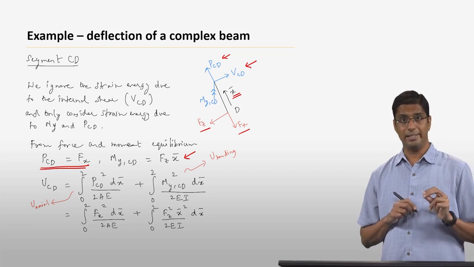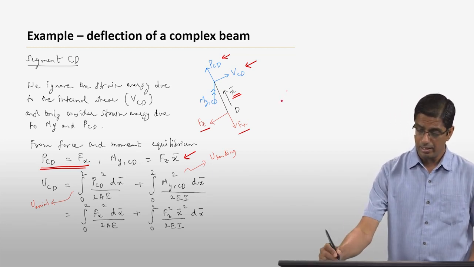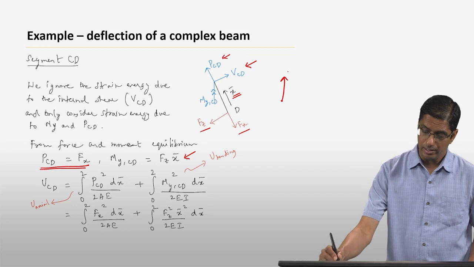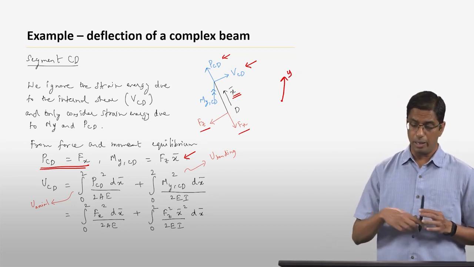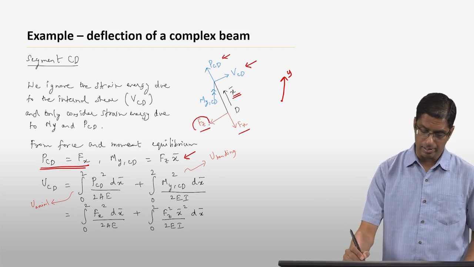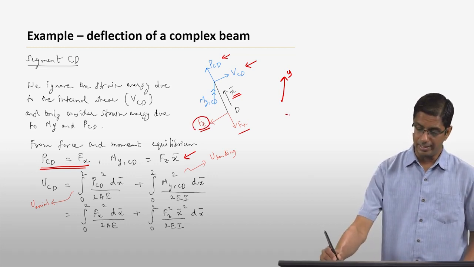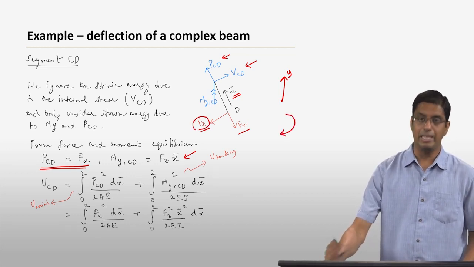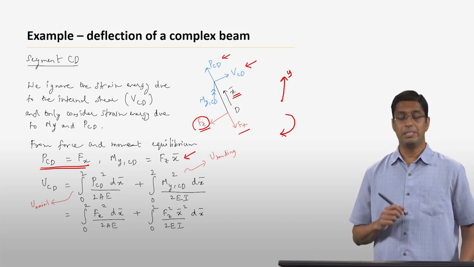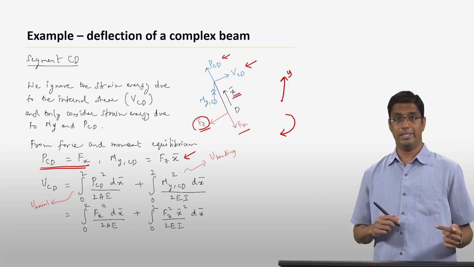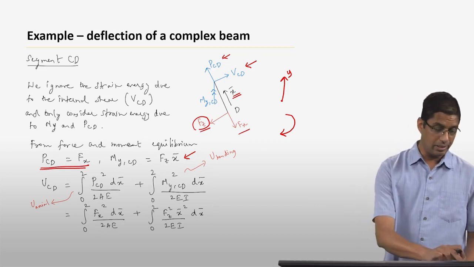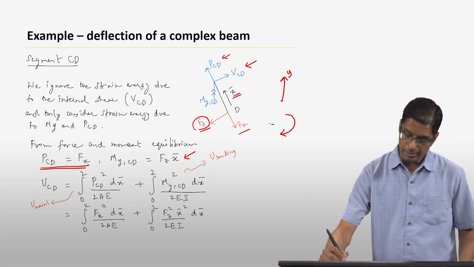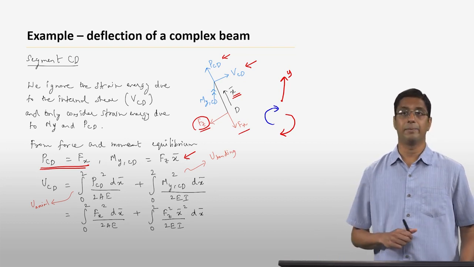This MYCD is because the y direction is the vertical direction. When you apply a force like this on the structure, it will have a tendency to rotate the structure in that manner, which means that the moment reaction at any point between C and D is going to be in the opposite direction.